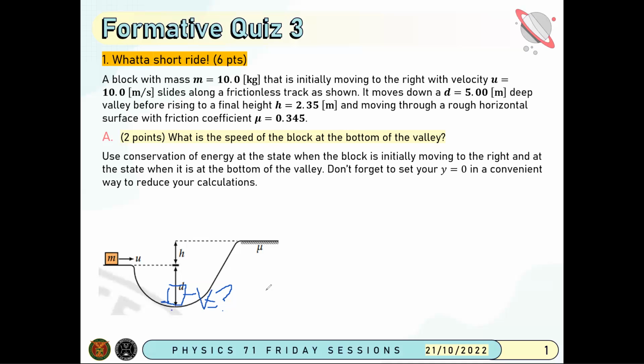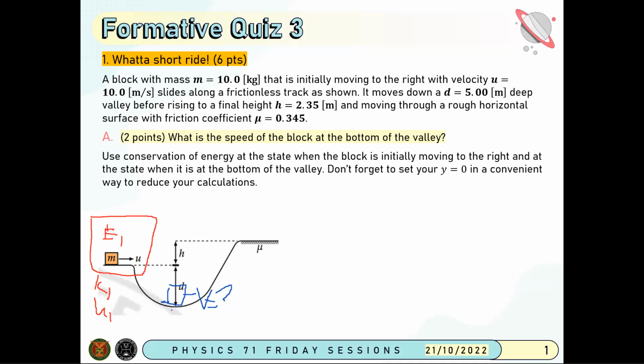Here, what we can do is use conservation of energy at the state when the block is initially moving to the right, this one. So this is the initial state. Here you define the E1, K1, and U1.